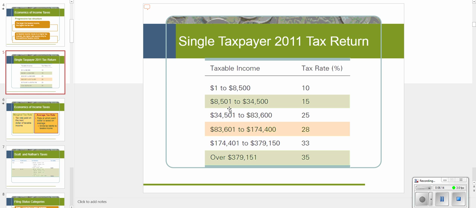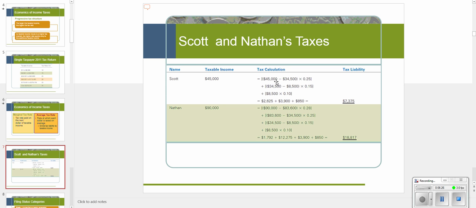So you could say the amount that you have, which is 45,000 minus 8,500, which was the first bracket, and you would get your total amount here. So 45,000 minus 8,500, and that gives you that amount. And I think they've even written it in a different way.